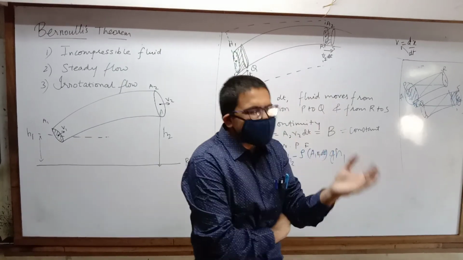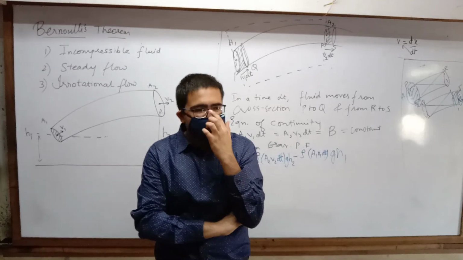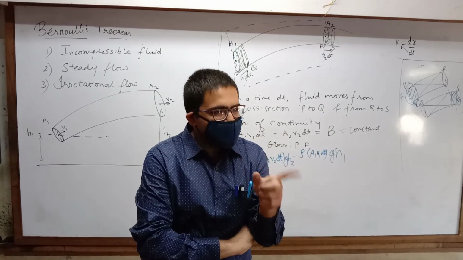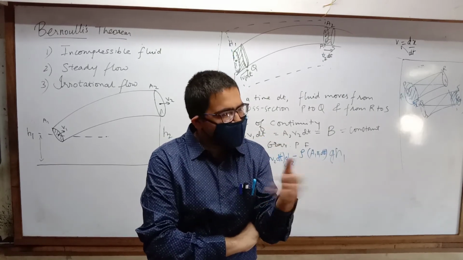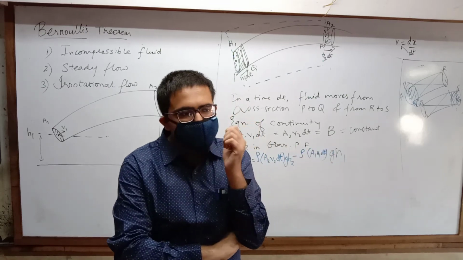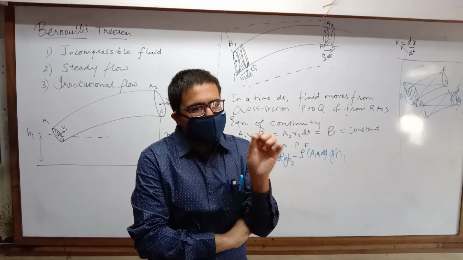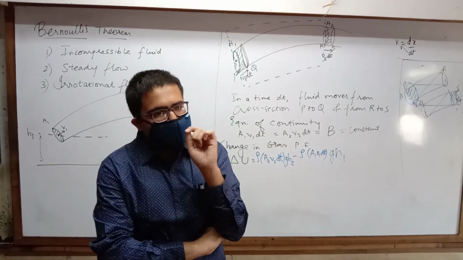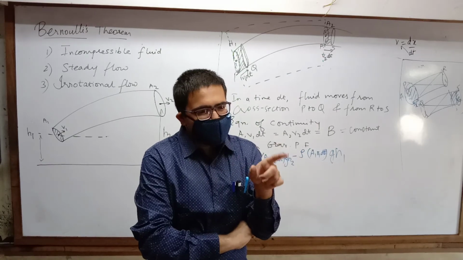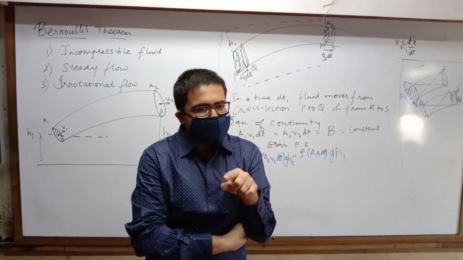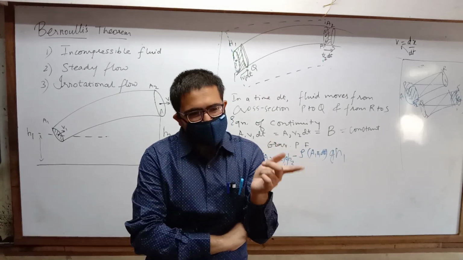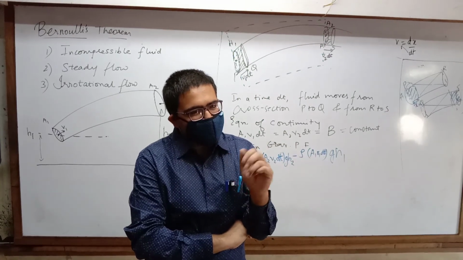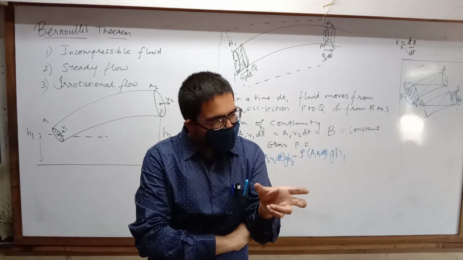Half rho into A2 V2 dt square. Square on whom? On all of it? The square is only on V. So half rho A2 V2 square into dt, minus half rho A1 V1 dt.